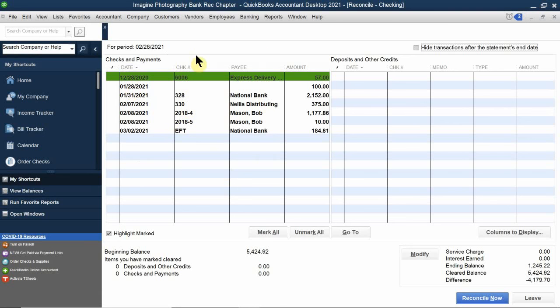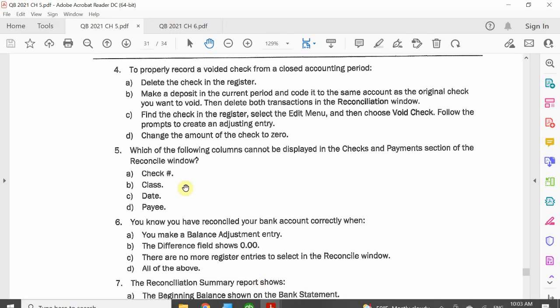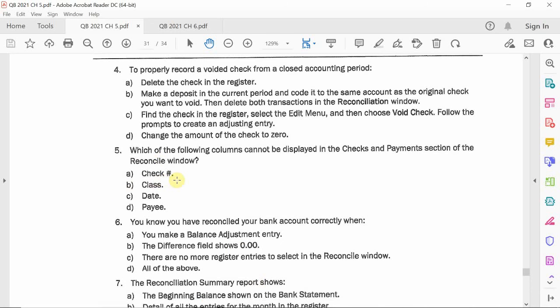In this case, under the checks and payments, we have the date, we have the check number, we have who we wrote the check out to, and the amount. Let's take a look at the list here. Do we get to see the check number? Yes, we do. Do we get to see the date? Yes, we do. Do we get to see who we paid? Yes, we do. Did it show class? No, it did not.